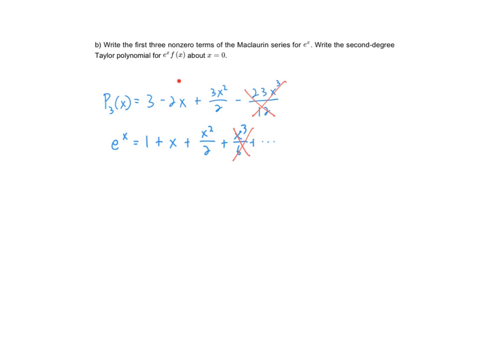Now think about if we take this and multiply, if we FOIL, multiply it by 1. So e to the x f of x as a Taylor polynomial will be: we'll do these 3 times 1.